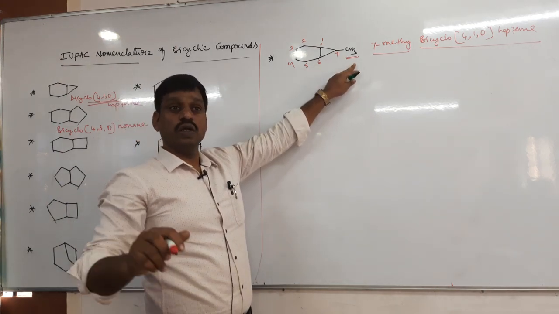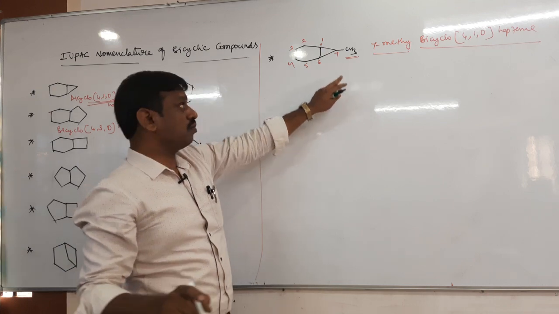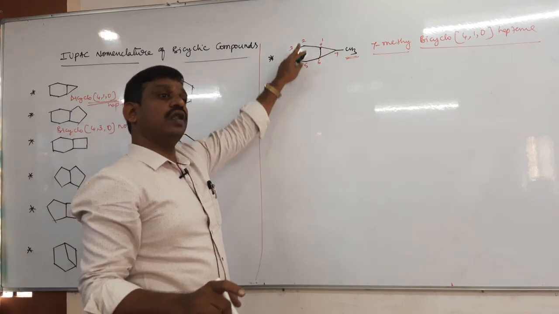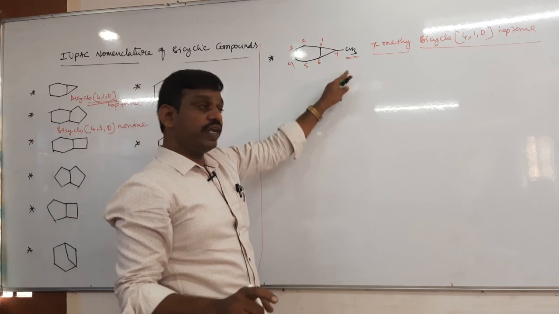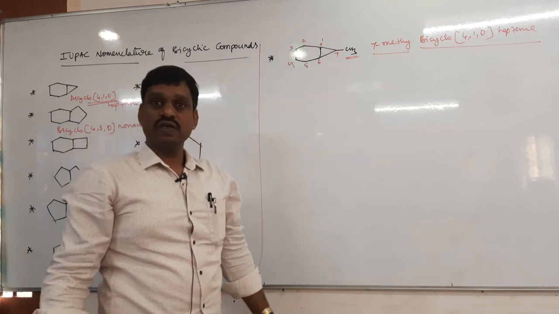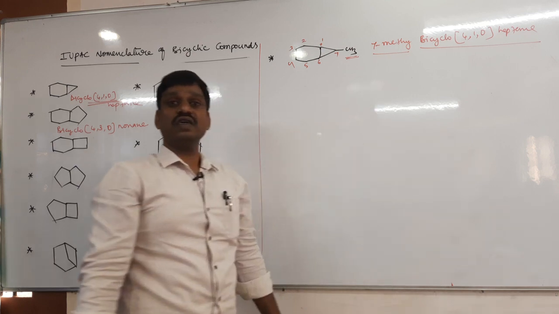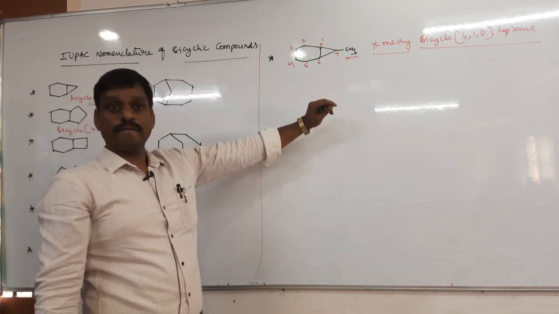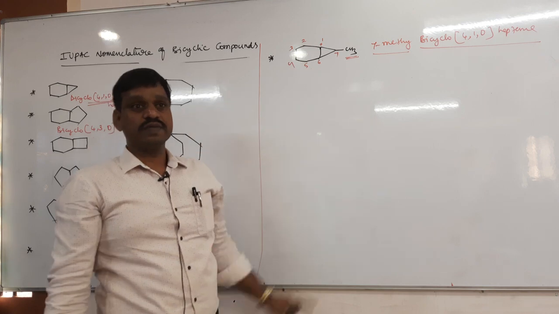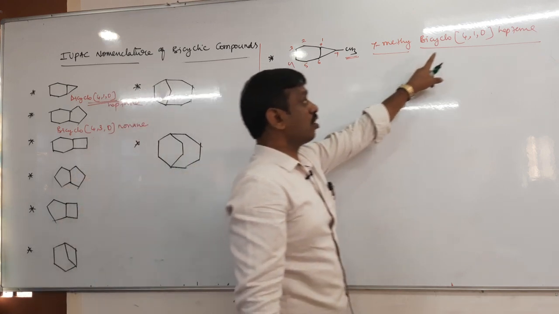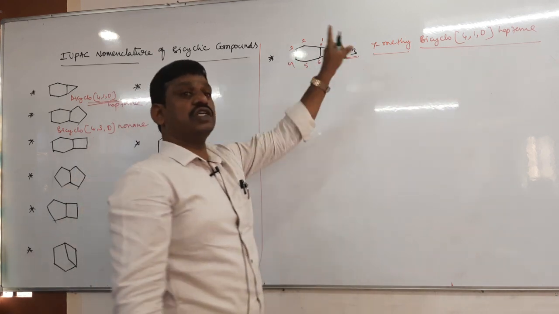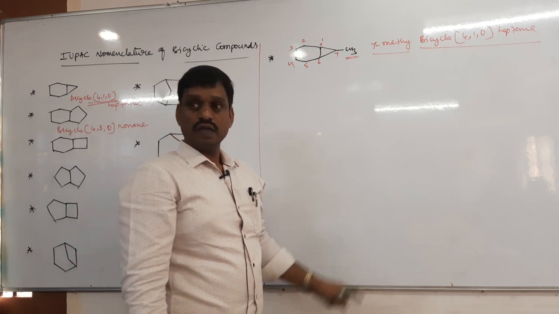There is a rule: give the numbering first from the longest bridge, then the long bridge, then the shortest bridge. Whatever groups are present and wherever they are, your numbering should be like that only, in decreasing order. I hope you understand.